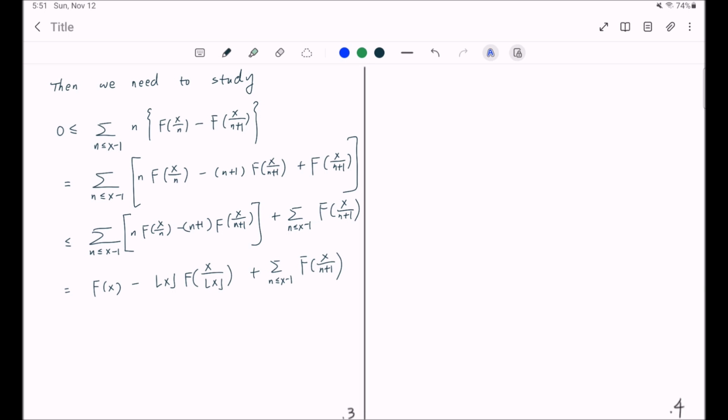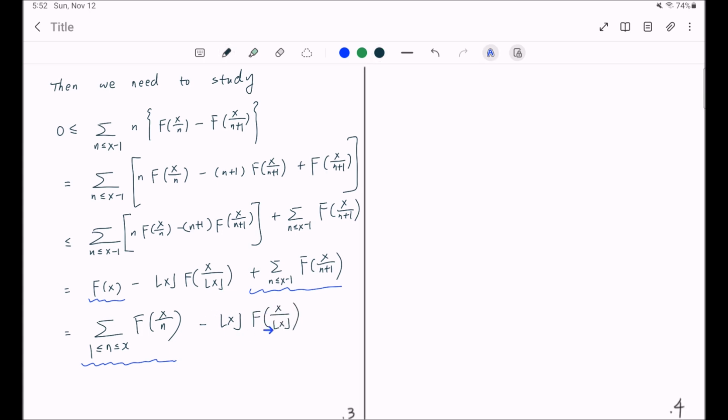And we can merge this term and this term together, because here n starts from 1. But that is f of x divided by 2. If we merge these two together, what do we get? We get the sum for n from 1 to less than or equal to x of f of x divided by n. So this term comes from this part together with this part.